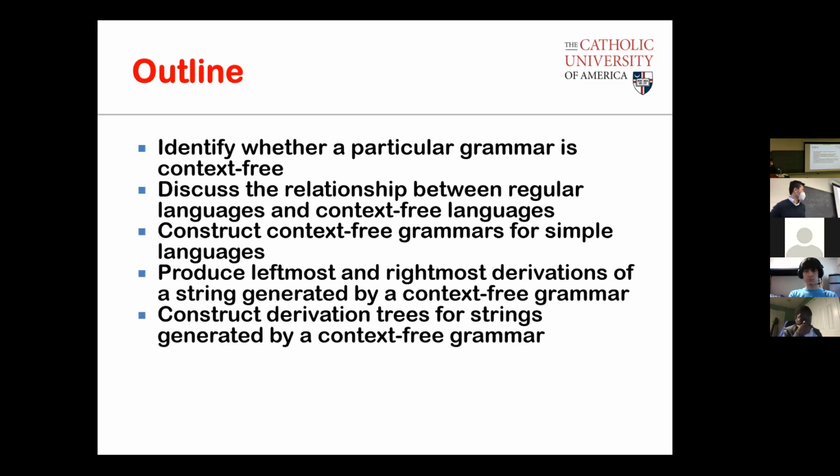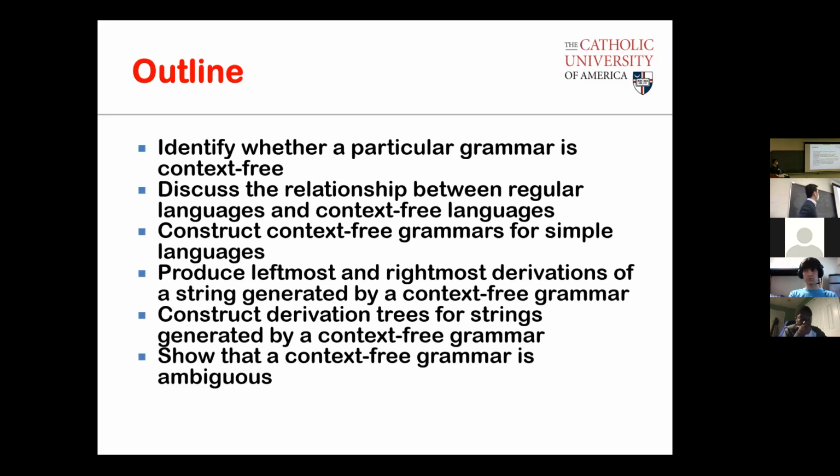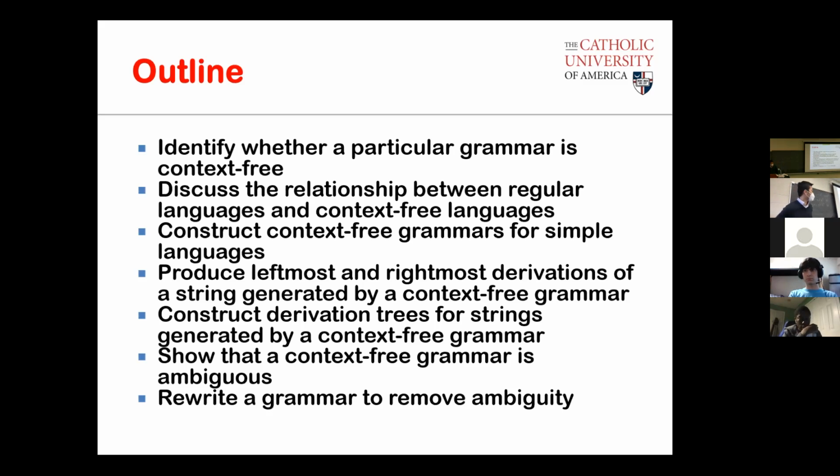Show that a context-free grammar is ambiguous. What does it mean if a grammar is ambiguous? And we're going to show how to rewrite a grammar to remove the ambiguity. Okay?